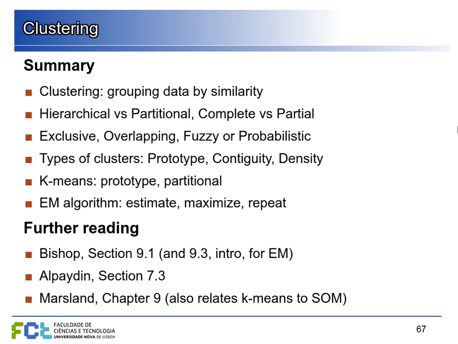So to sum up, we saw the idea of clustering, of grouping examples by similarity, and we saw different decisions that we have to take. We did not see yet examples of different clustering algorithms, only k-means, but these decisions that you have to make will depend strongly on what the data is like and what your similarity measures are like.